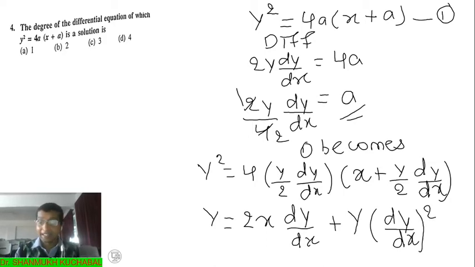So the highest order is 1 only, dy by dx, and its degree here is 2. Therefore option B, 2, is the right answer.